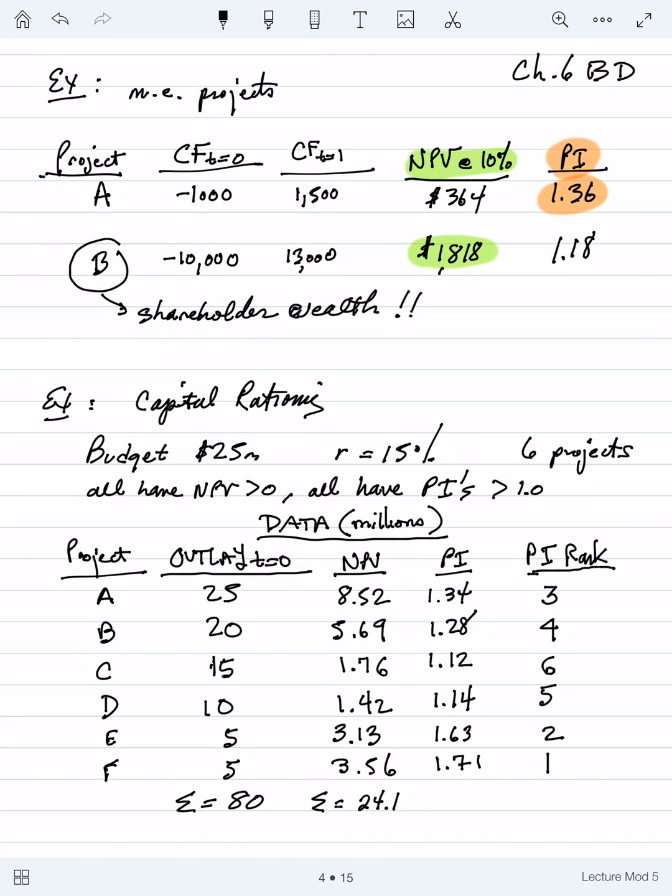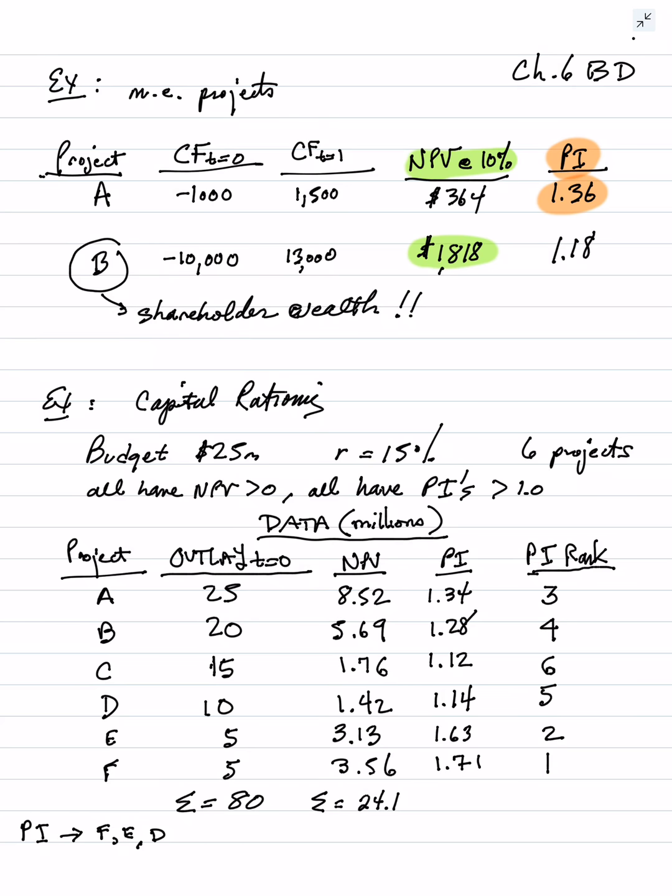So suppose that you were going to utilize the PI method. Under the PI method, you would take projects F, E, and D. So F and E and D, they would generate costs.